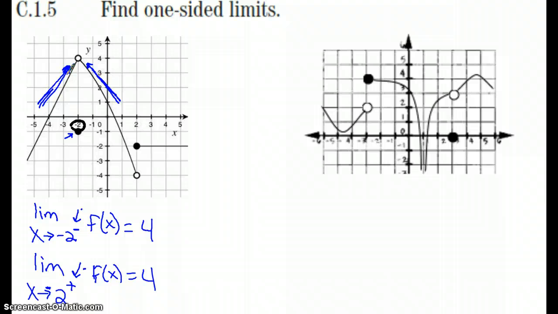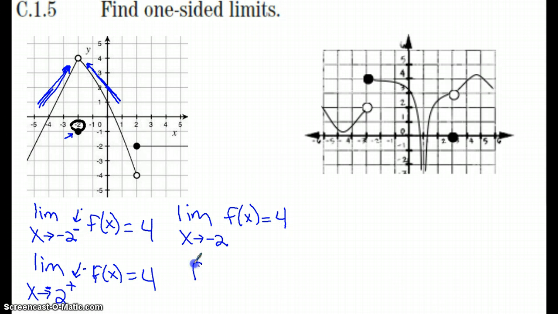So the limit as x approaches negative 2 from the left is 4. The limit as x approaches negative 2 from the right is also 4. So we can say the limit as x approaches negative 2. And we don't say the two-sided limit, but we have to understand that it means the two-sided limit of f of x does equal 4.